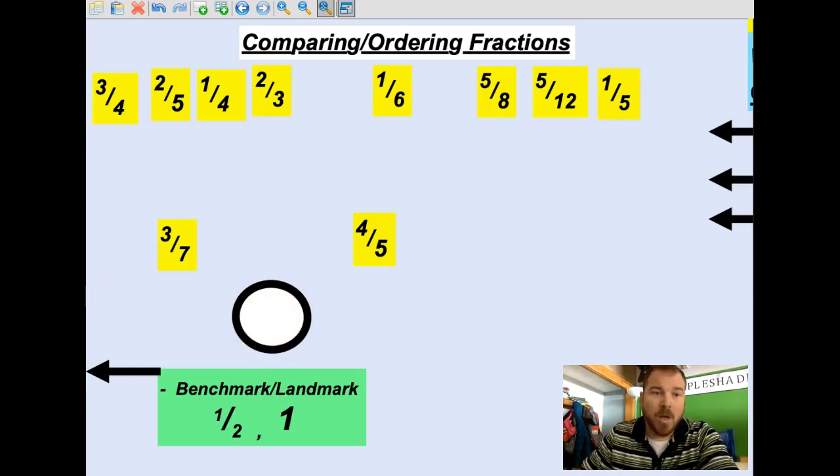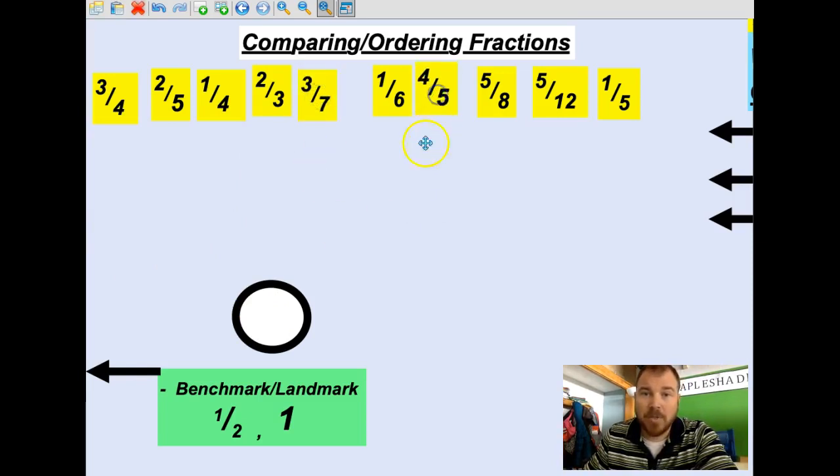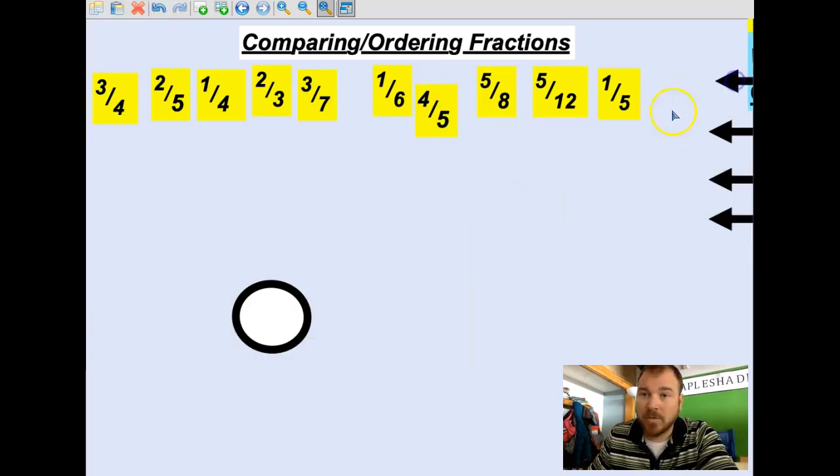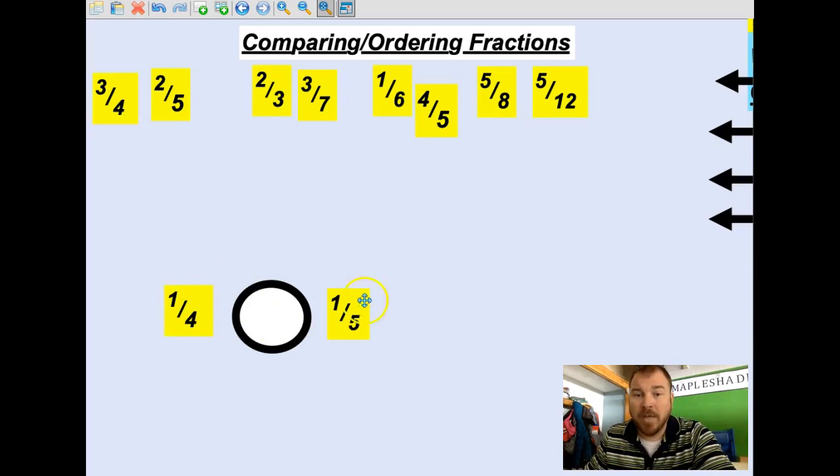Okay? Another way we can explain or justify our inequality symbol might be just from our basic understanding of fractional parts. For instance, if I was comparing 1/5 with 1/4, I know that fifths are smaller than fourths.